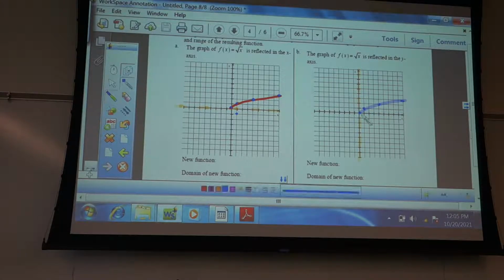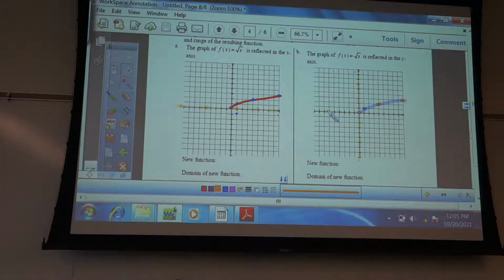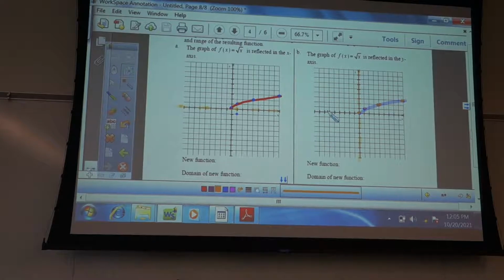We'll reflect all these points across the y-axis. So across this line here, so they end up over here on this side. Pause the video until you finish this.